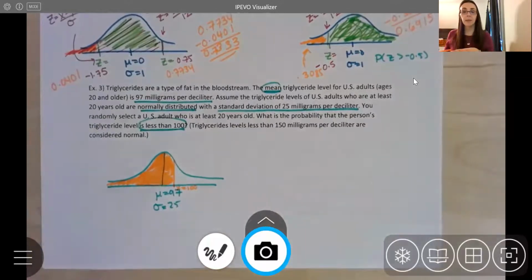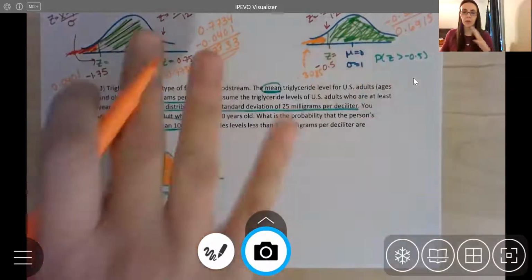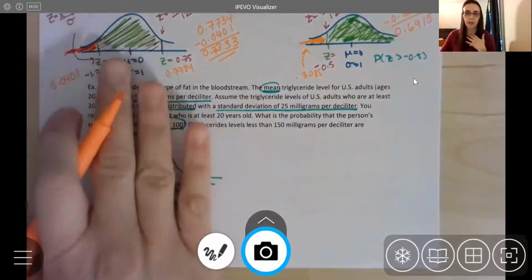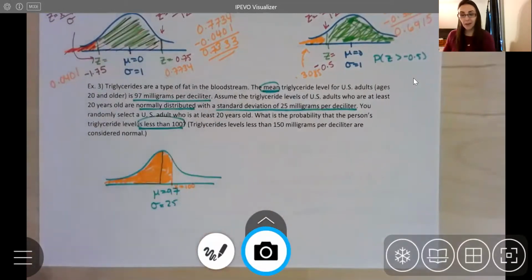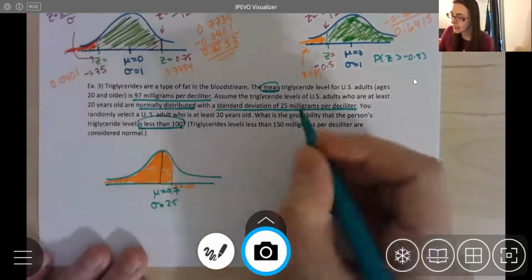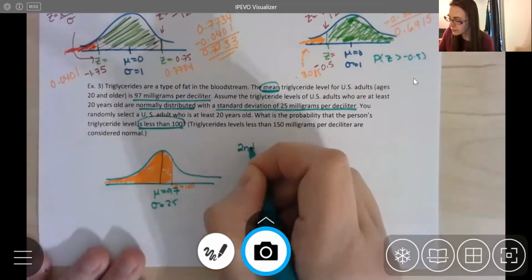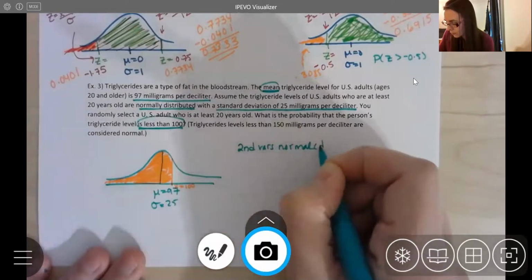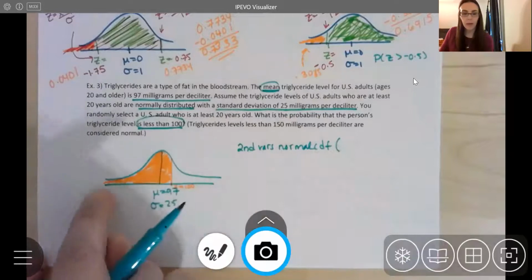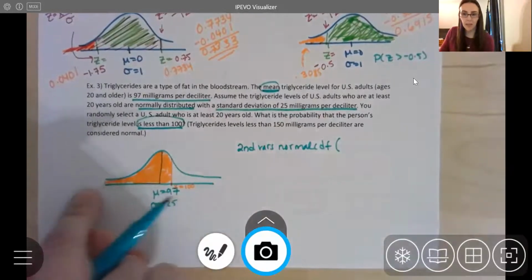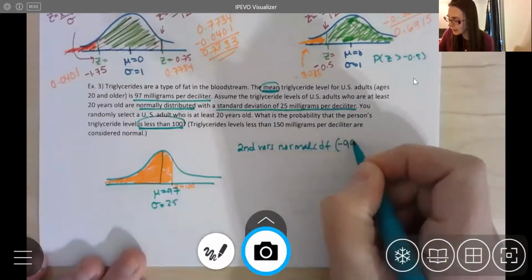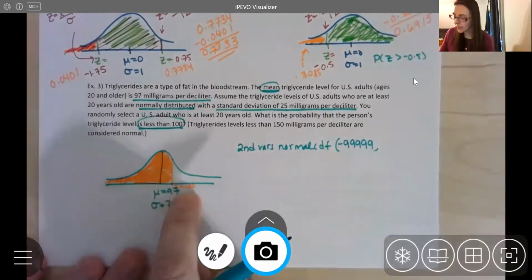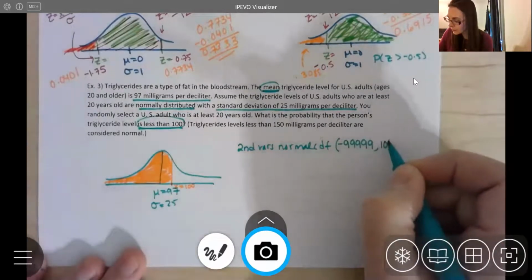Now again, I'm going to skip this part because we've done quite a few examples already, but if you want to convert to z-scores and use the tables, we're going to do it the same way that we did up here or in the last example. I'm going to focus on technology this time because again, it's so much faster. All right, now my lower bound for my shaded region, I don't have one. It's going to keep going left. So I get negative 9999. My upper bound is clearly at x equals 100 though.